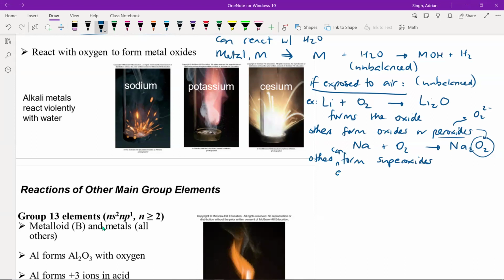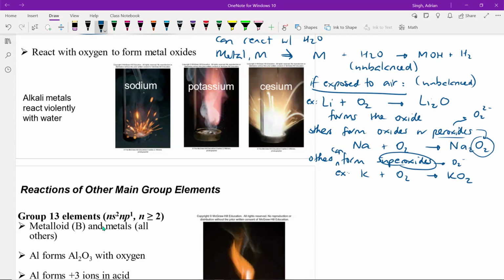Okay, so for example, something like potassium can react with oxygen to form KO2. Right, and the superoxide ion is O2 with a minus charge overall on it. So the type of oxide that an alkali metal reacts with oxygen to form has to do with the stability of those different oxides.